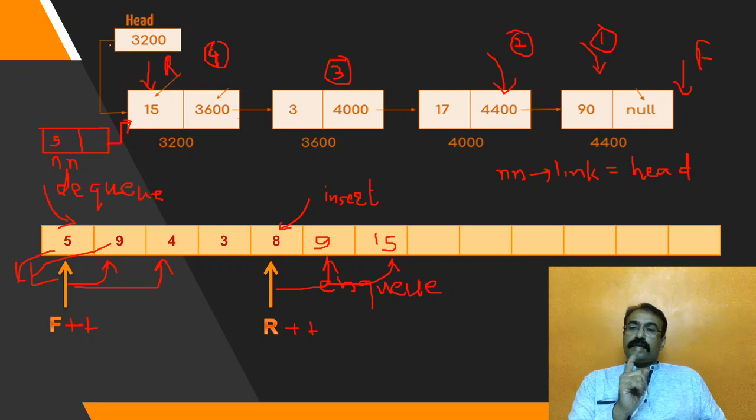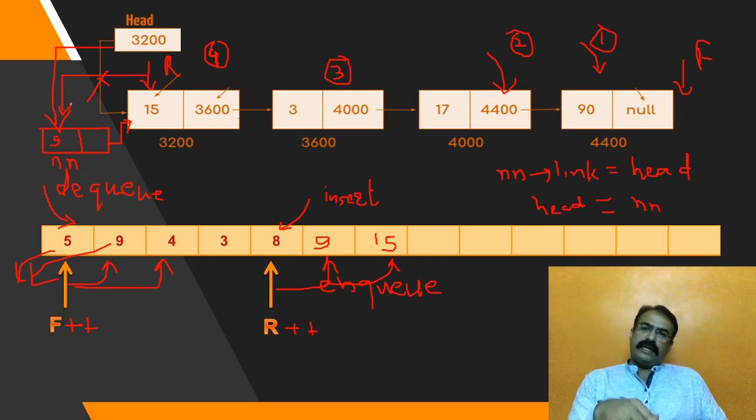Now the head, or rear, must point to this new node. So head is equal to new node. Now this link is broken and this is established. Either I can consider head as rear, or rear can also be manipulated: rear will also point to the new node.